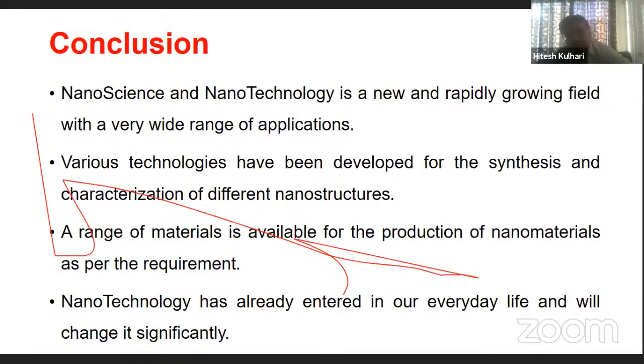Using different small molecules, you can also synthesize dendrimer-like structures, and various other nanostructures. And finally, nanotechnology has entered our everyday life, and it will change it significantly.